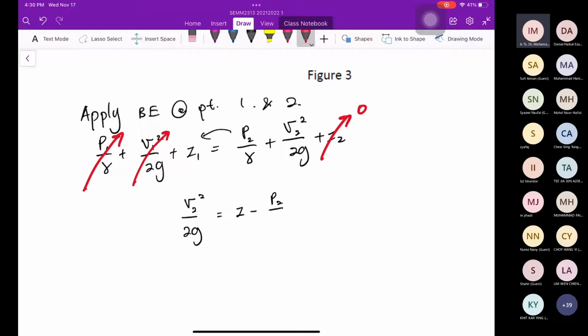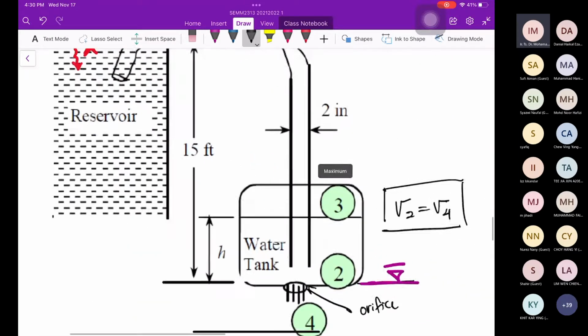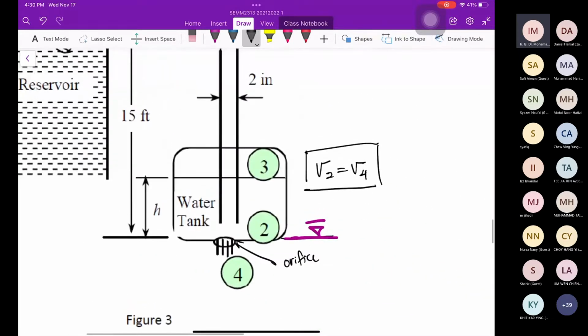Gamma is rho G. So you know that the water at this level, for example, this is at point 2. How to get pressure at point 2?